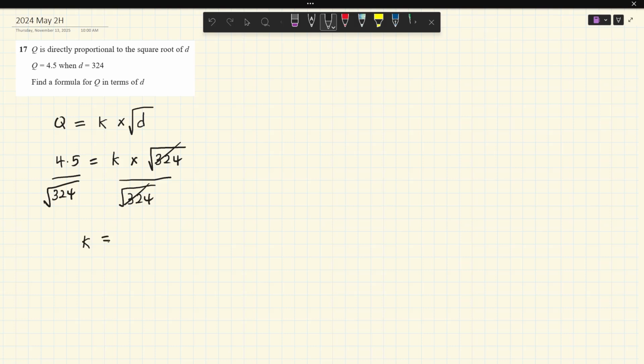K equals 4.5 divided by root 324, and using the calculator that gives you 1/4. Now we can substitute 1/4 in here and write the final answer. So that is Q equals 1/4 root D.